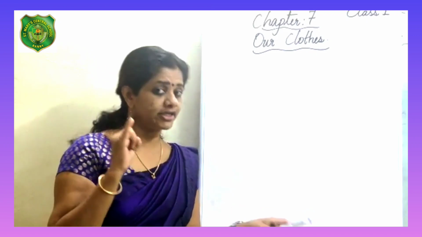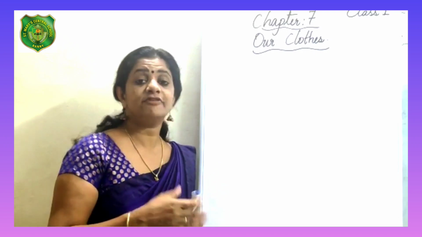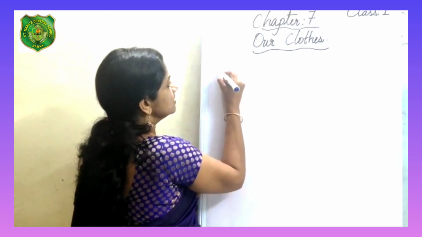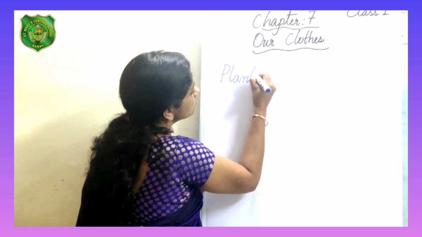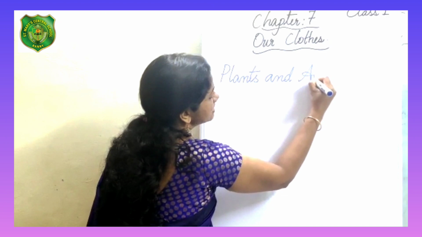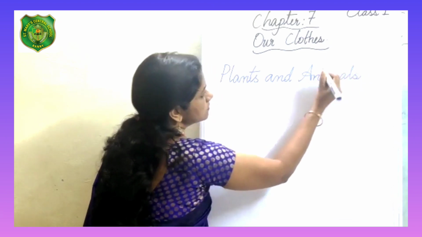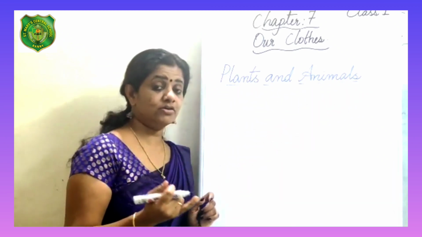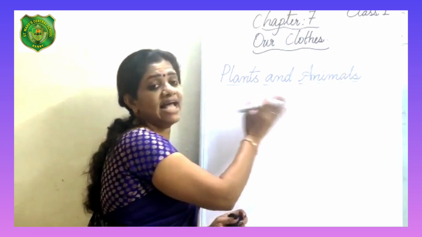So, we get cotton clothes, woolen clothes and silk clothes from plants and animals.